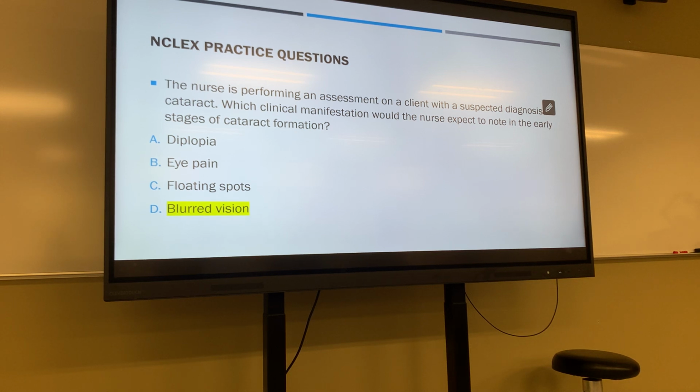Eye pain is linked to acute closed angle glaucoma, right? Floating spots is linked to what? Detached retina, or partially detached retina. That can happen in a late stage, but an early stage of cataract formation is blurred vision. That's where you have the opaque lens, okay?